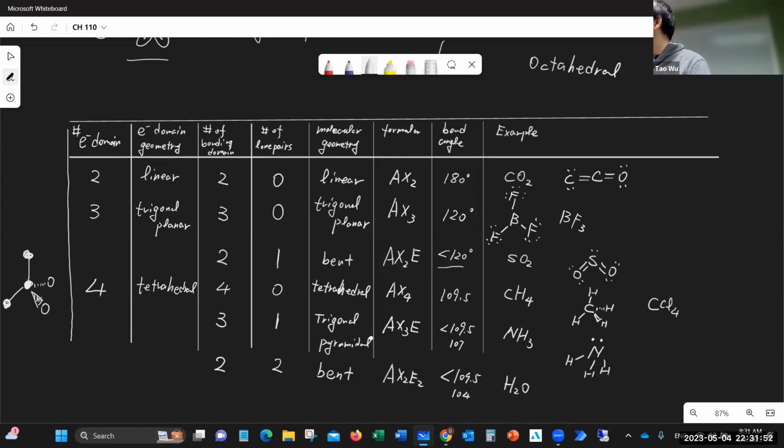That is why people drawing the Lewis structure for water draw it like this.